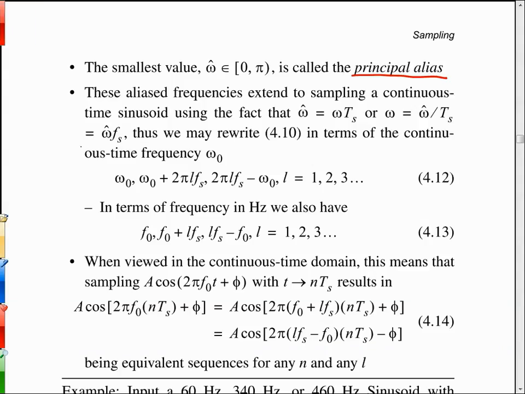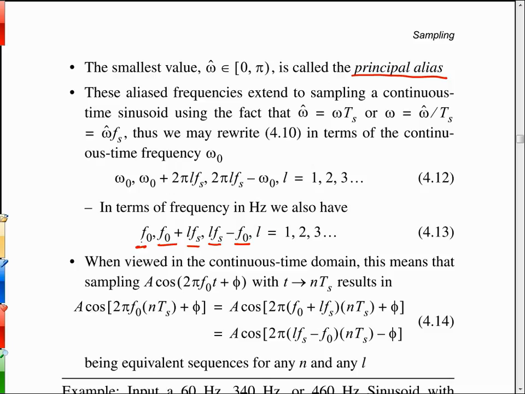In terms of the continuous time frequency, omega naught, the aliased frequencies are omega naught plus 2 pi L Fs, or in terms of Hertz, which is my preferred way of thinking, F naught plus L times Fs, or L times Fs minus F naught.